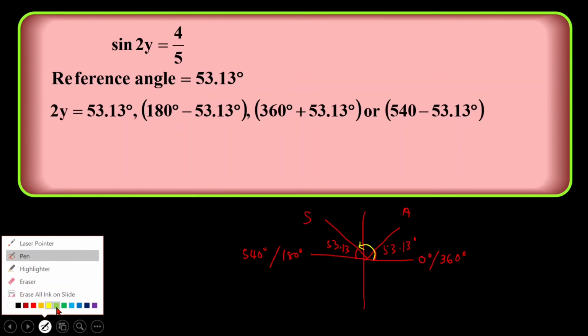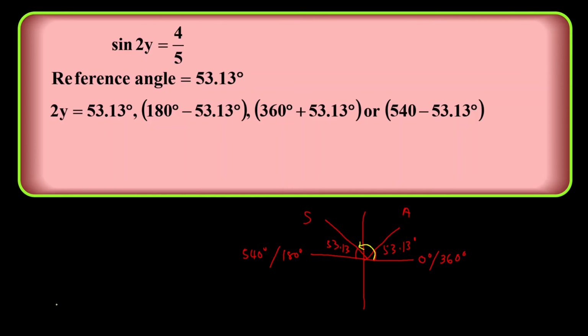Next one is 360 degrees, because this is the second round, so I take 360 degrees and add another 53.13 degrees.